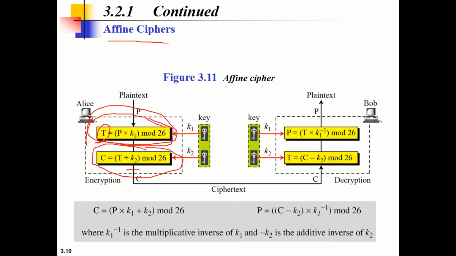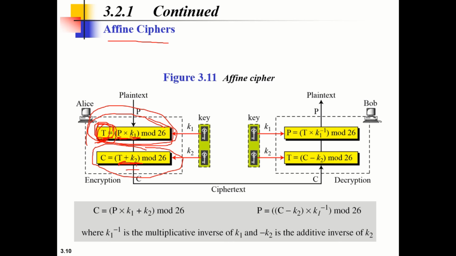This result you get through the multiplicative cipher, and then on this intermediate result you apply the additive cipher, which is this one. Here you can see we are using the expression of the multiplicative cipher. We are multiplying the value of P and the given key, and here we are using the value which we have received over here, and we are adding the value of the key.